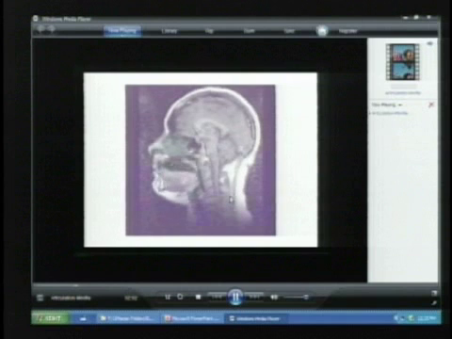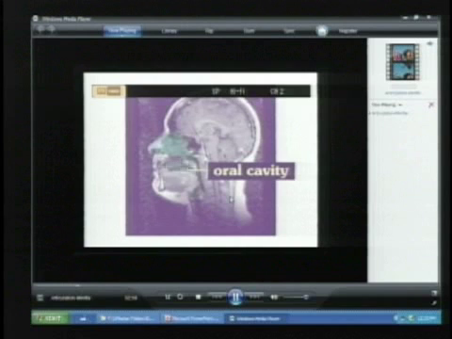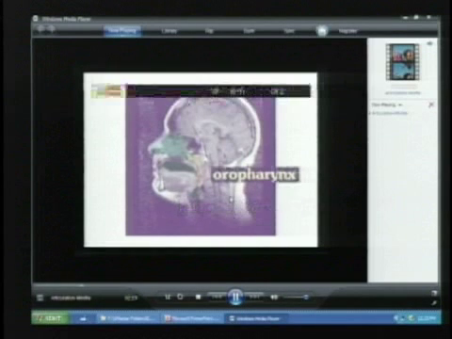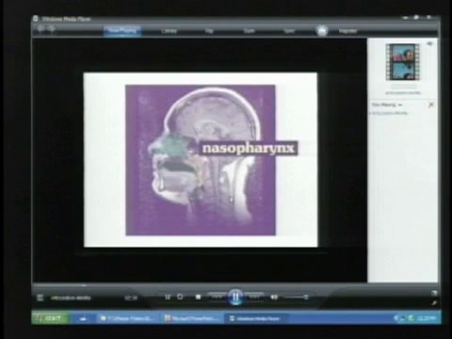Let's look at the singer's production of the consonant M. First, there's the mouth, which is sometimes called the oral cavity. Then the throat, sometimes called the pharynx. The pharynx actually has three parts: the laryngopharynx, which is the part nearest the larynx, the oropharynx, which is the part nearest the oral cavity, and the nasopharynx, the part nearest the nasal cavity.